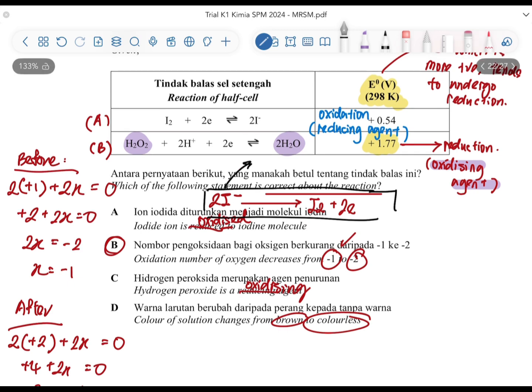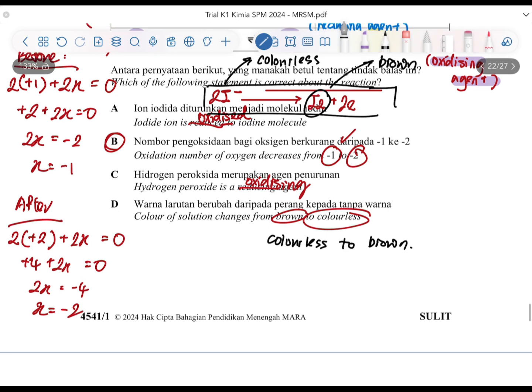So this iodide ion is actually colorless. And then the iodine molecule is actually brown color. So the color change is supposed to be colorless to brown. So it is wrong for this statement.